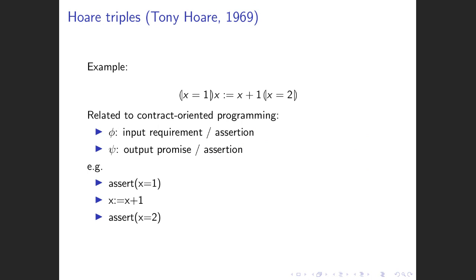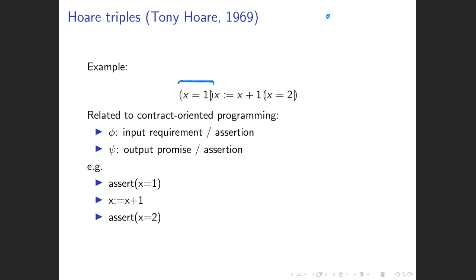Okay, that was quite abstract. Let's look at a very simple example. So here's a precondition. Let's assume that at the beginning of our program, x equals 1. Now, at this point, it's useful to use very correct notation.